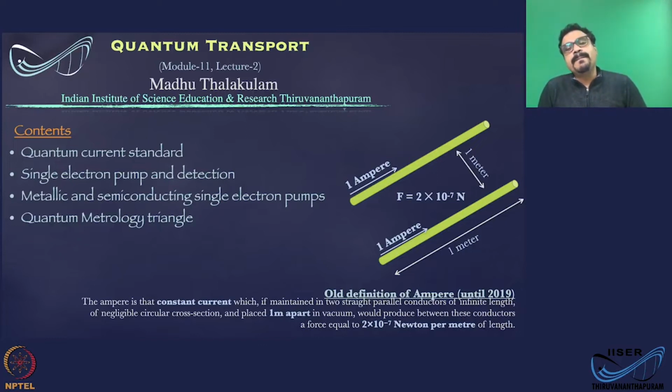If you compare how the standards for resistance and voltage are defined, they involve only fundamental constants, such as Planck's constant and the charge of an electron, mostly. Now, the ampere, the unit of current, is one of the 7 base units in the SI system, yet it is defined in terms of the meter and a force calibrated using some kind of watt balance.